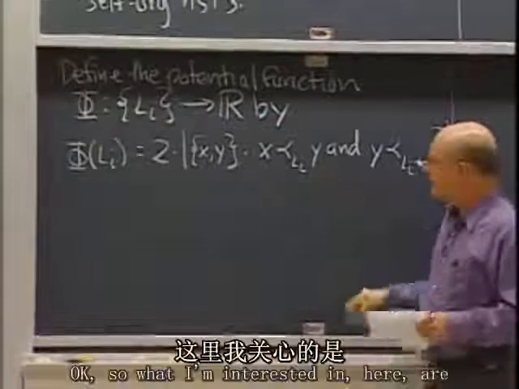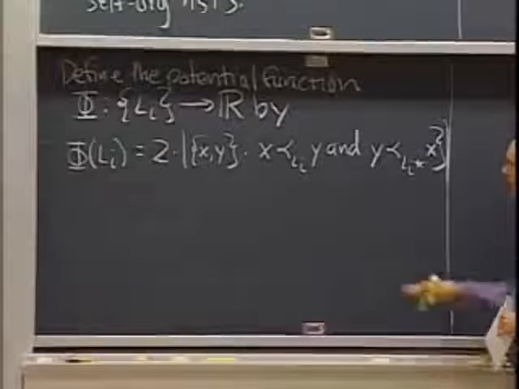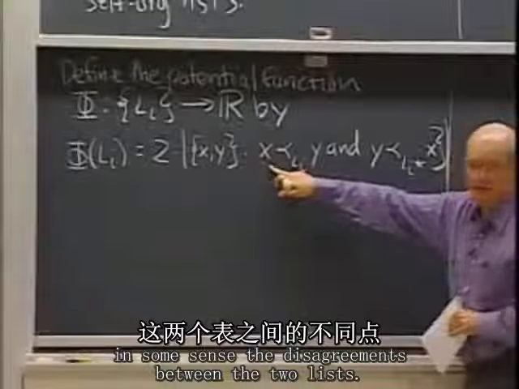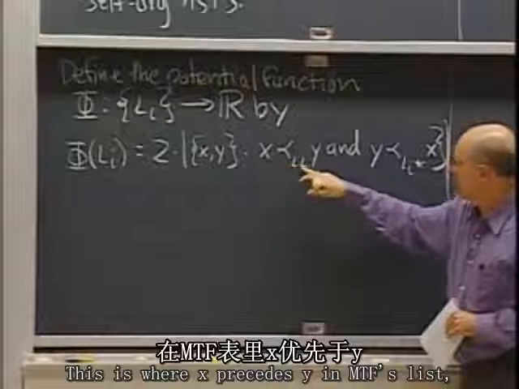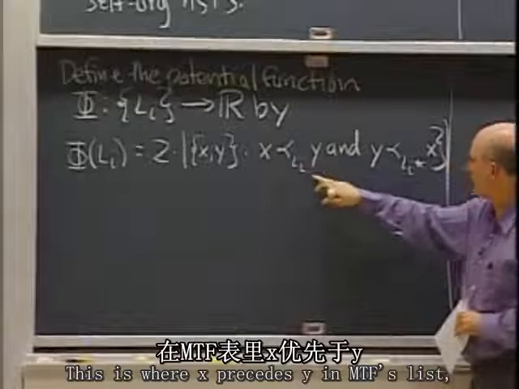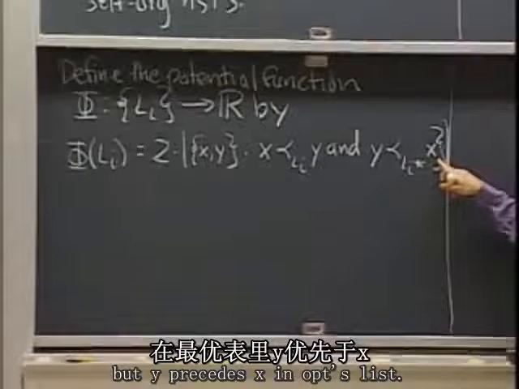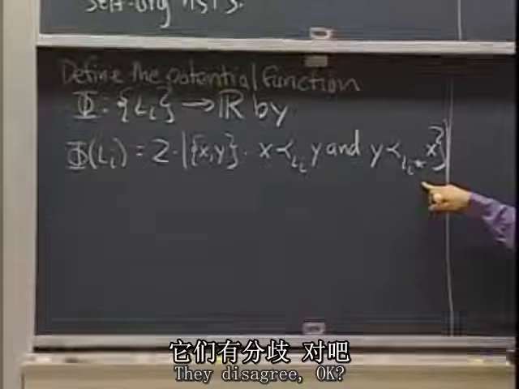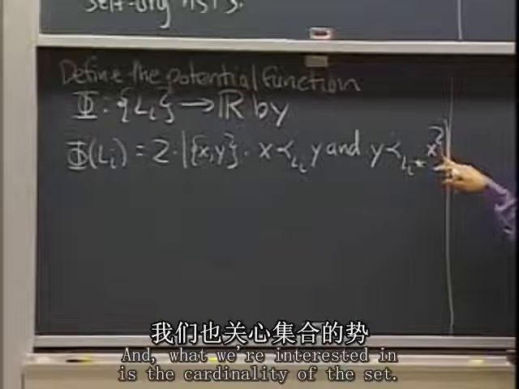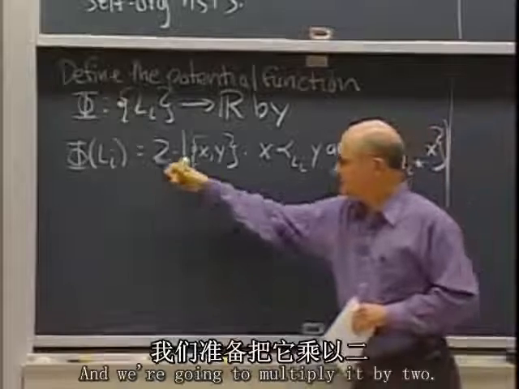Okay, so what I'm interested in here are, in some sense, the disagreements between the two lists. This is where x precedes y in MTF's list, but y precedes x in OPT's list. They disagree. Okay? And what we're interested in is the cardinality of the set, and we're going to multiply it by 2.